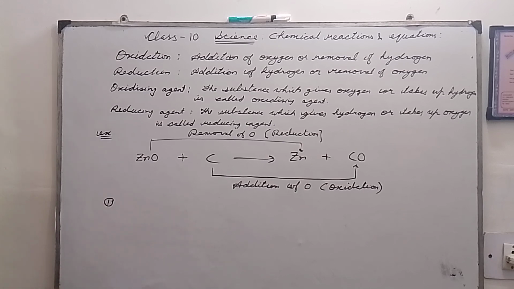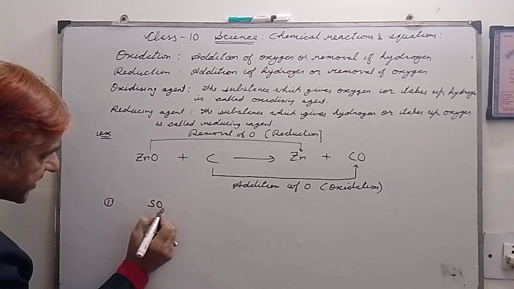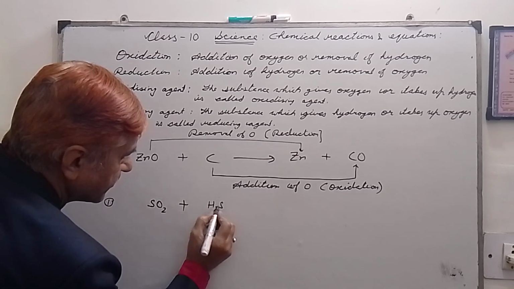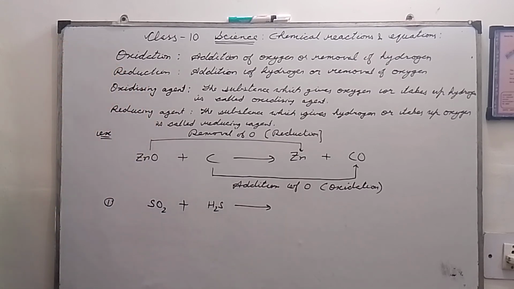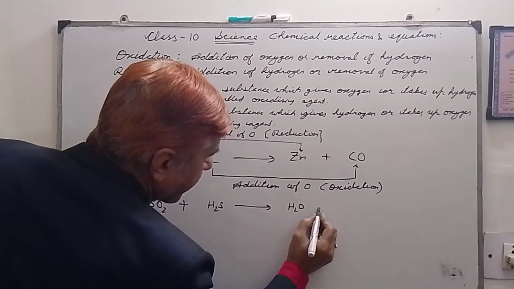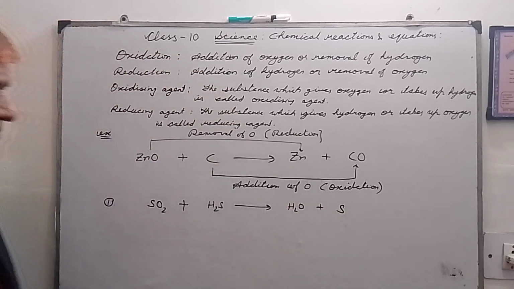Equation number 1 is sulfur dioxide plus H2S is equal to water plus sulfur.